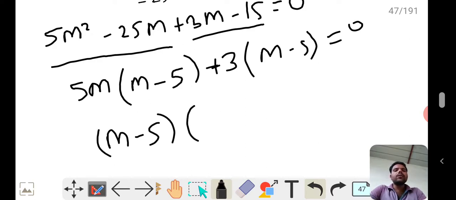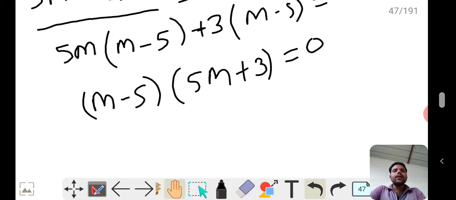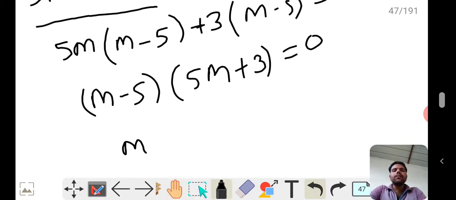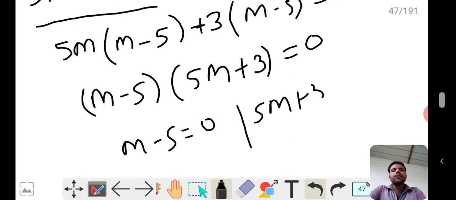So we have the 5m plus 3 in the second bracket. From this we can write m minus 5 is equal to 0, or 5m plus 3 is equal to 0.